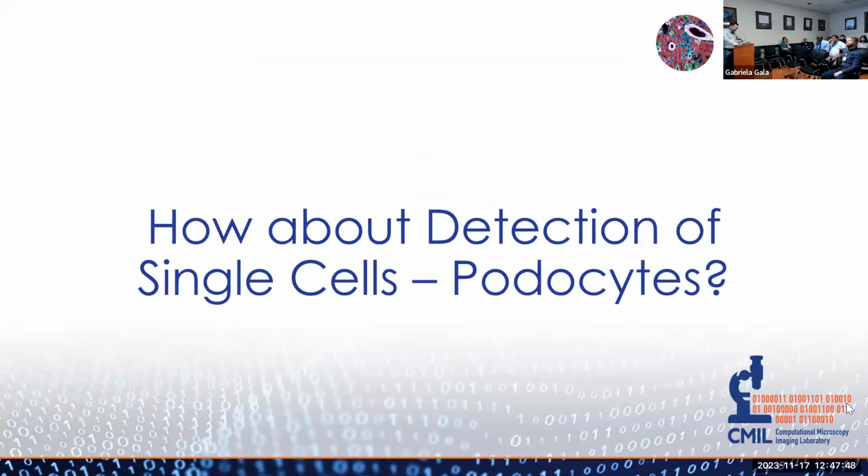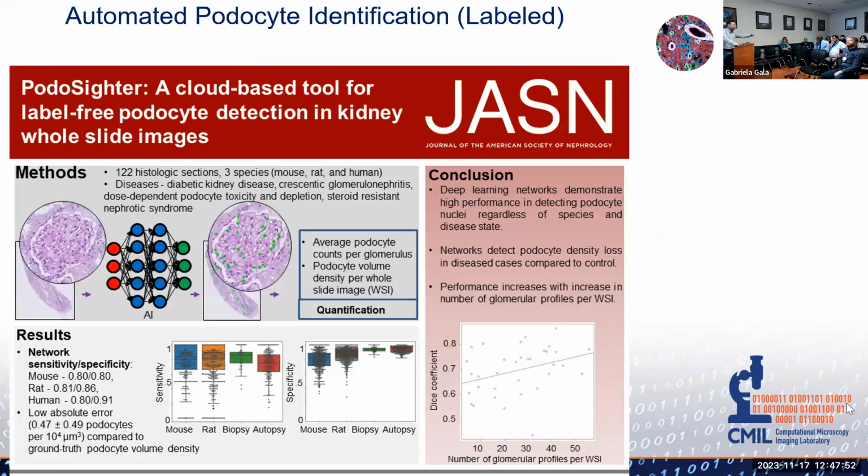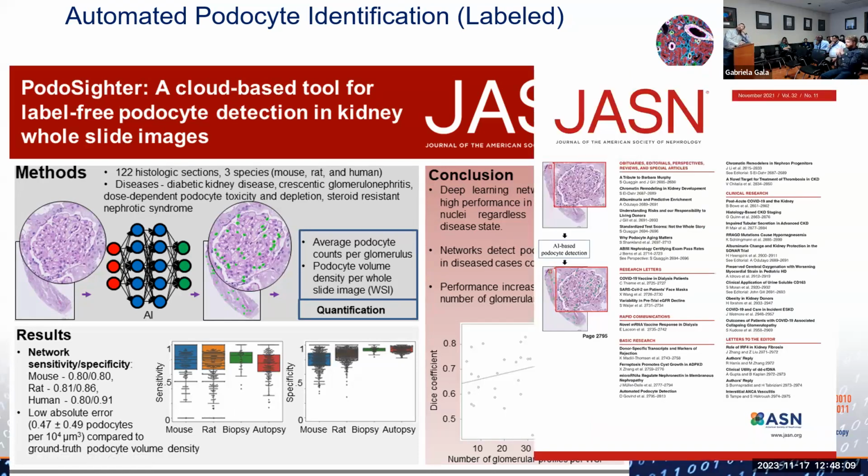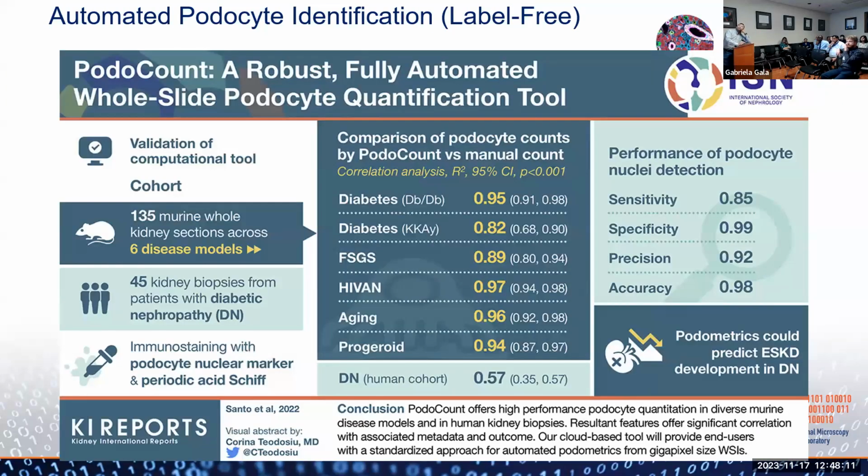How about detection of single cells, say podocytes? Again, I would go a little first, but podocytes. So we have published this work, like detection of podocytes from histology image. It says label, but it should be label free, because you give a histology image in the input and it spits out all the podocytes, and it came to the cover of JASN. Maybe a little more believable project would be the labeled one.